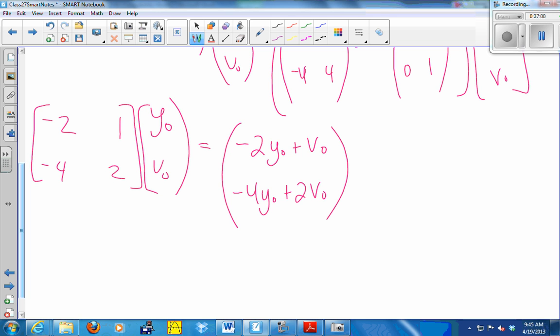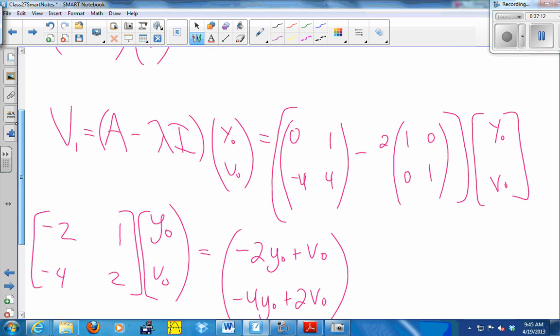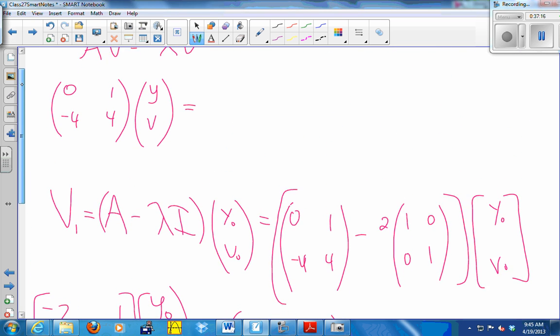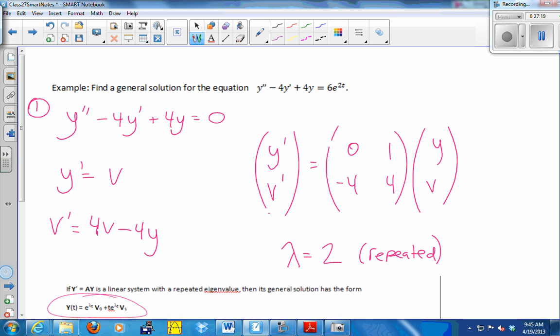So that's your V1. V naught equals y naught, v naught. Where did that happen? Oh, that's just a vector notation thing.